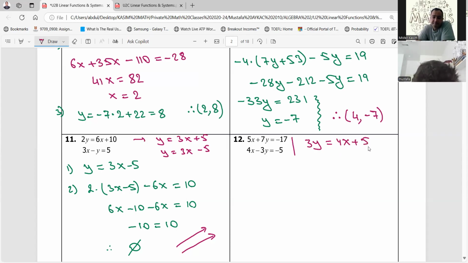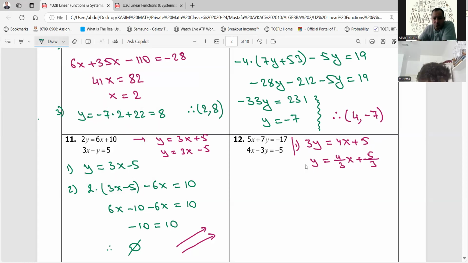Did you get it? And now to write this in slope-intercept form, I should divide both sides by 3. Divide by 3, y equals 4 divided by 3 x plus 5 divided by 3, right? So now I have expressed y in terms of x. That's the first step. Now I'm going to substitute this into the first equation, because I'm going to change this into an equation of a single variable.